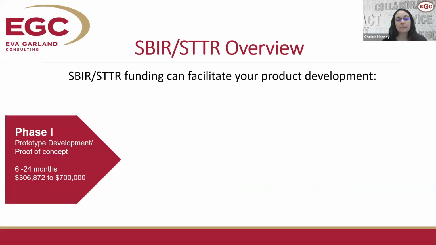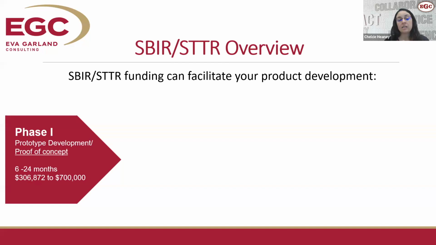So for SBIR, STTR funding, there are different stages of development, and this is really in terms of product development. With a phase 1 project, this is where your project is really at its riskiest. So you're maybe developing your prototype, developing your proof of concept, or demonstrating your proof of feasibility.